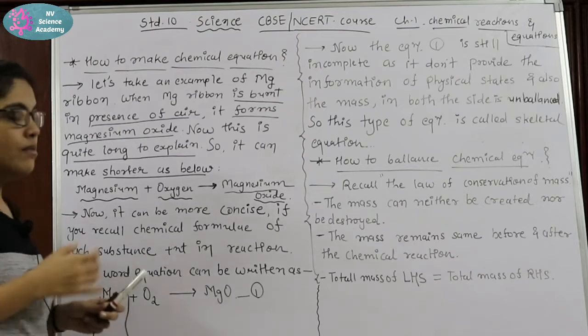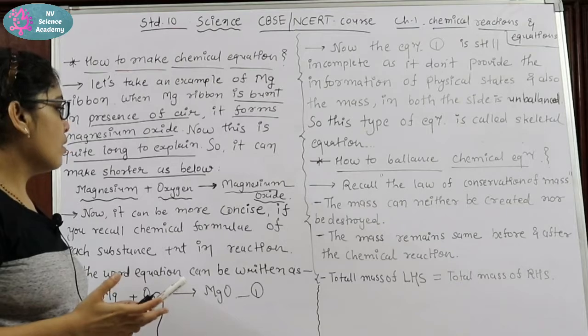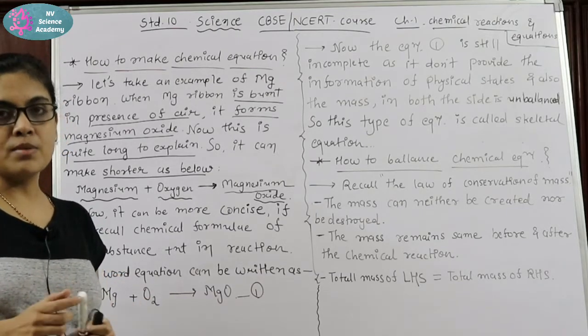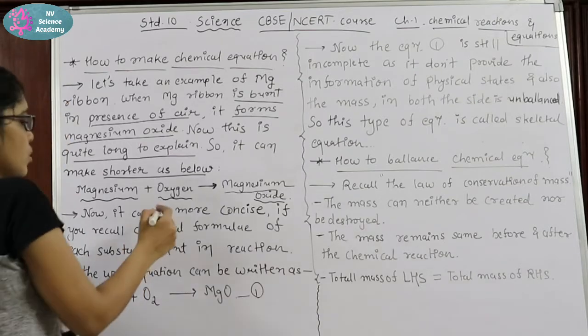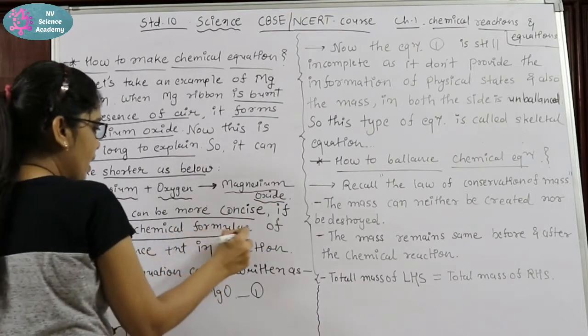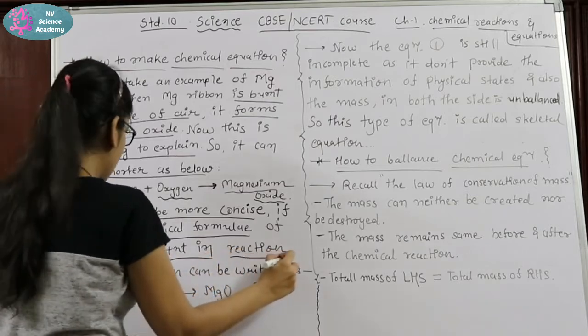Now we can still make it more concise, so we have to use the chemical formula of each substance present in this reaction. It can be more concise if you recall the chemical formula of each substance present in the reaction.